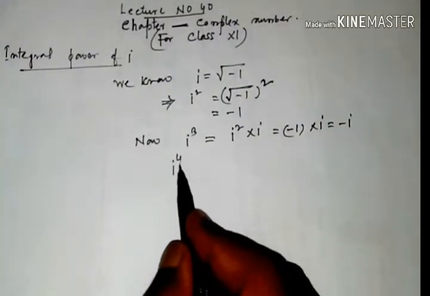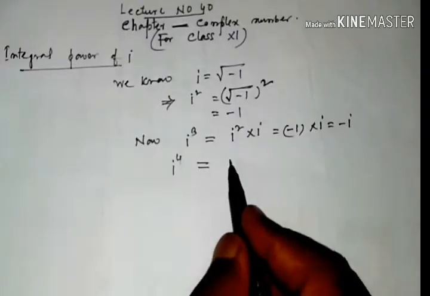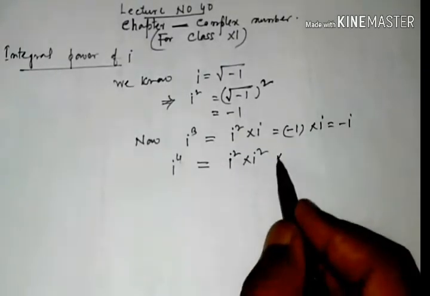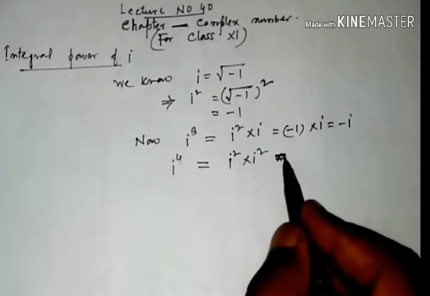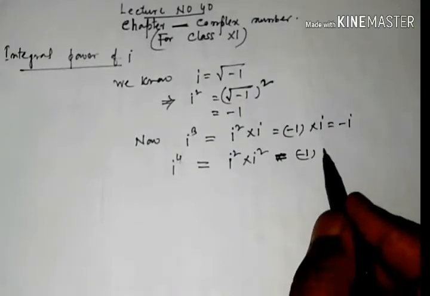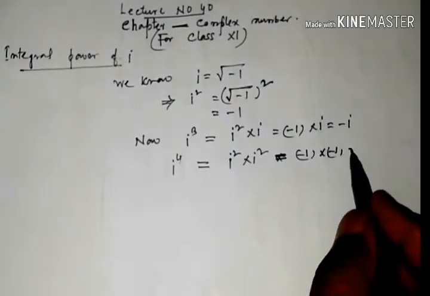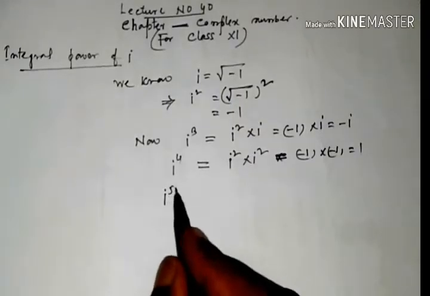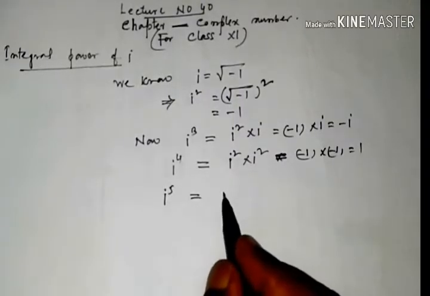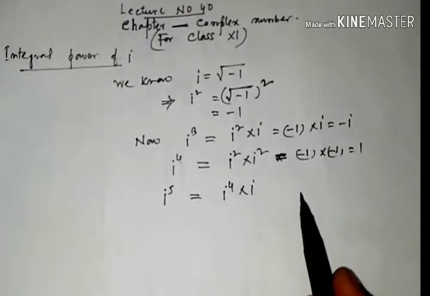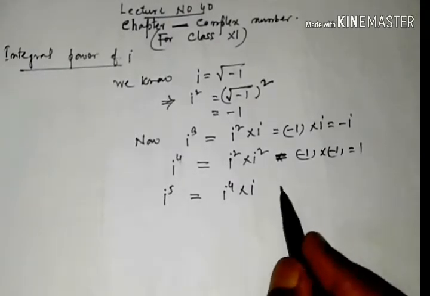Then what is i to the power 4? I to the power 4 is i square into i square. We have already calculated the value of i square, that is minus 1 into minus 1, that is 1. Now i to the power 5 we can write as i to the power 4 into i.